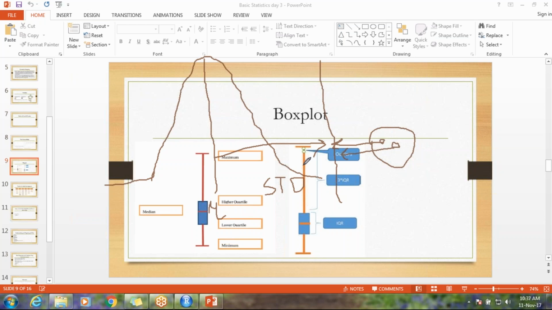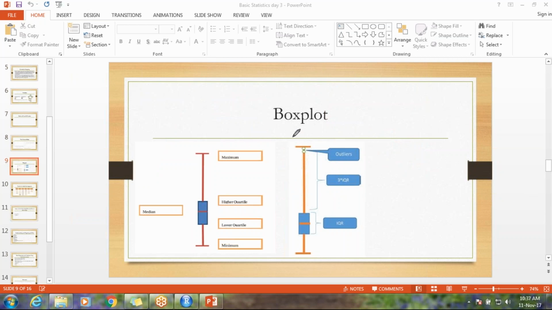There are many more methods as well. For example, I can omit all the values which are beyond a point. If I have a box plot like this, I can omit all the values beyond my maximum level. That can be done if the number of these points is less than 5% or even less.